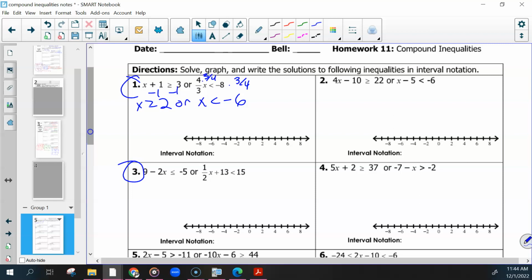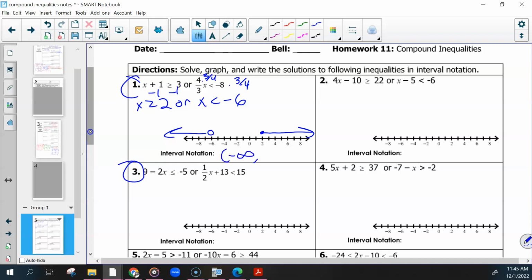Keep your or between your inequality answers. Graph them both. So we have x is greater than or equal to 2, x is less than negative 6. So interval notation, where does this start? It keeps going all the way to the left. Where would that start? Negative infinity.